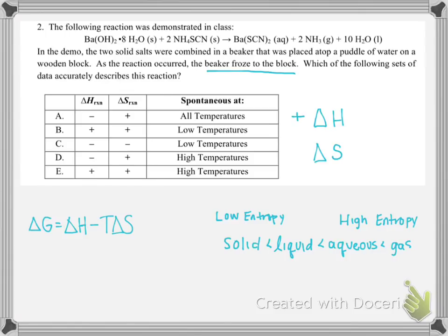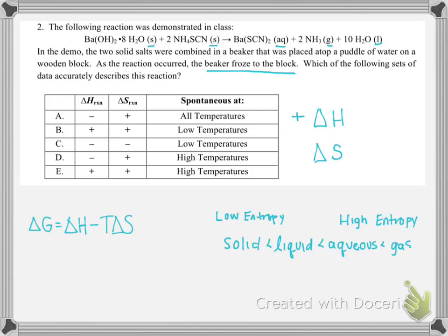So we can look at the phases on the reaction to see what happens in terms of entropy. So we start on the left with a total of 3 moles of solids. So we just have a bunch of solids. And then on the right, we have 1 mole of something aqueous, 2 moles of gas, and 10 moles of liquid.